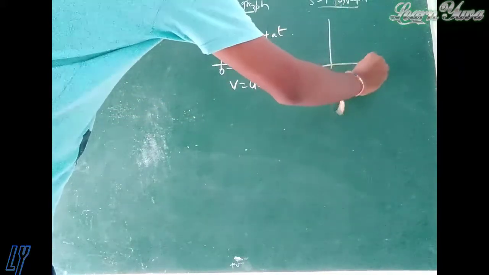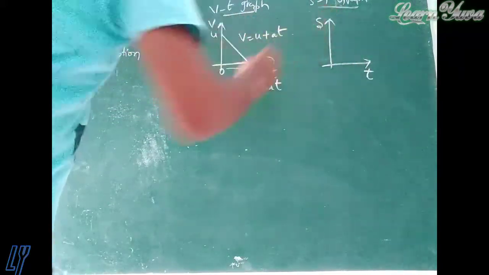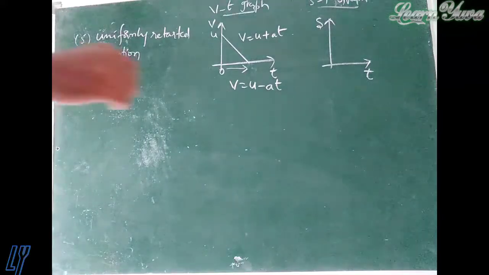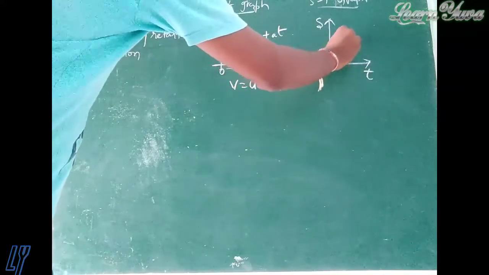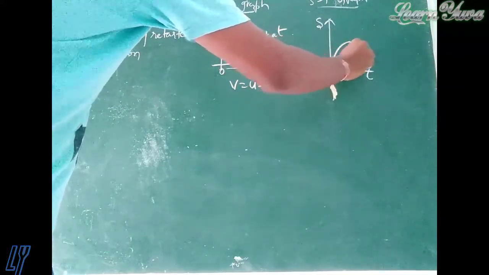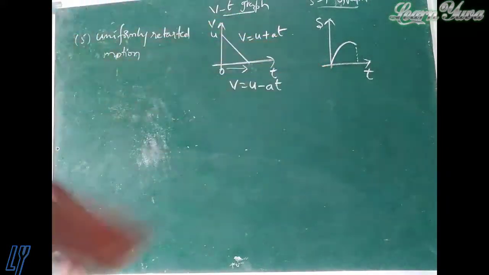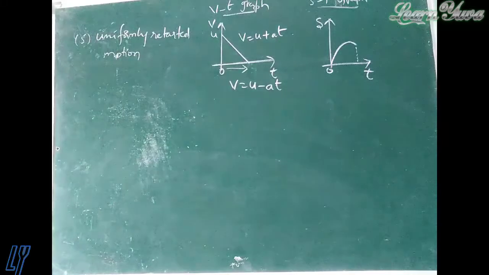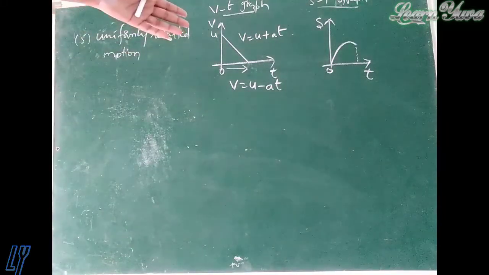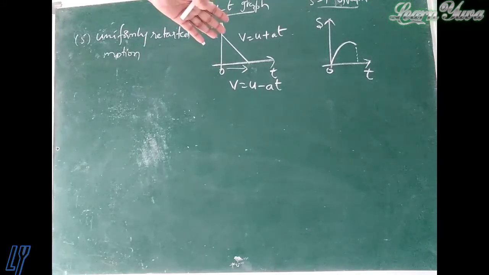If we compare that graph with the displacement time graph, at the time of 0 the distance traveled by the body is 0. Sorry, initially it does not have any distance.